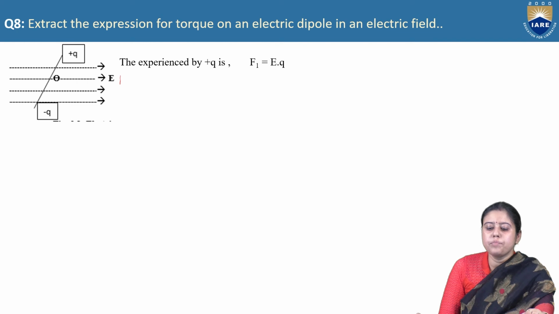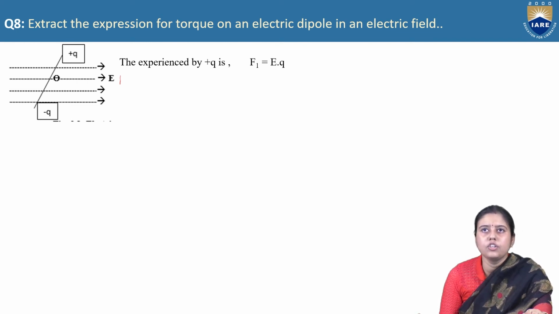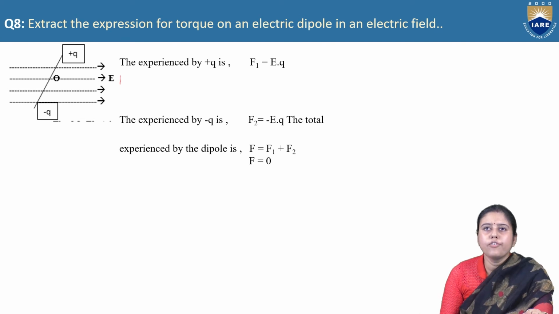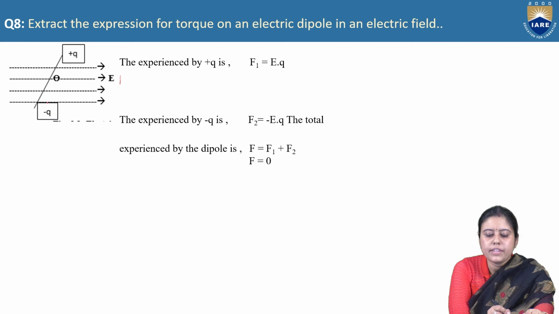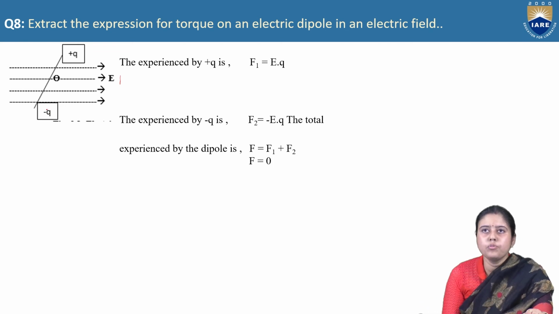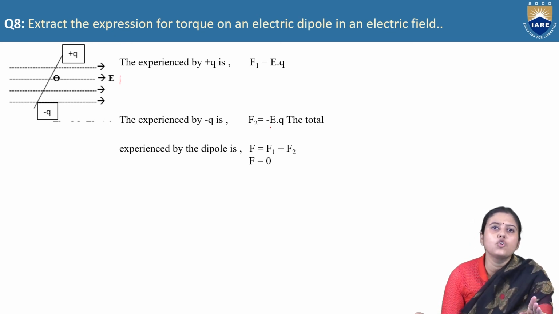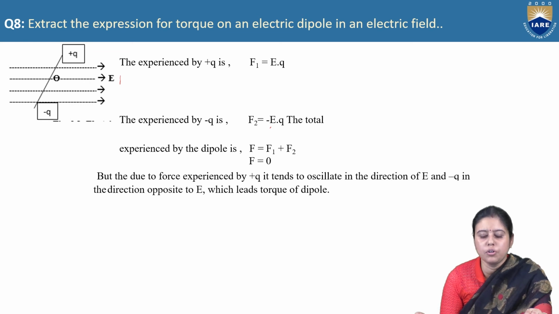The force experienced by plus Q is F1 is equal to E into Q, and the force experienced by the second charge is F2 is equal to minus EQ. So what is F1 plus F2? EQ minus EQ is equal to 0. So the linear force experienced by the two charges equals 0.